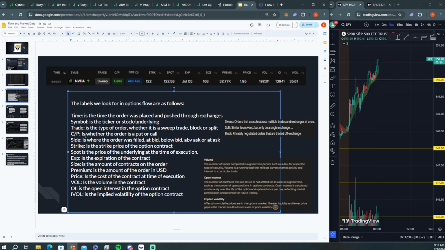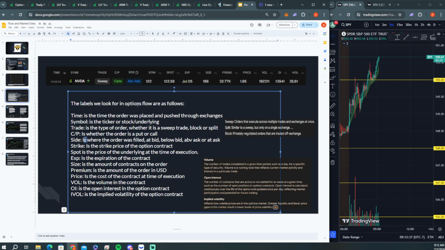That one's self-explanatory. The side is, this one I pay attention to a lot because it tells me a little bit into their mentality of why they're getting into the trade. So trades that are above ask are the ones that I tend to look at the most because those are aggressive, right? So you have the bid and the ask on option contracts. And the bid are usually lower, and then the ask are the higher prices, and you'll get filled immediately if you put in an option contract at the ask, right?